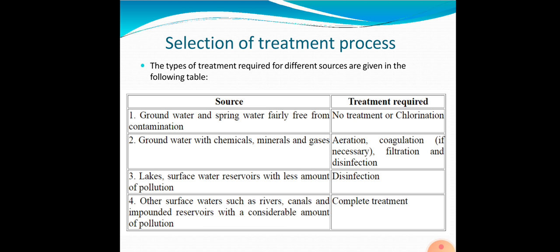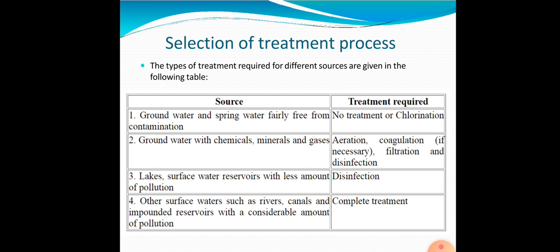So suppose the source is a groundwater source or a spring water, we know that there will be very less contamination in that. So when the source is a groundwater or a spring water, then literally we don't need a treatment at all.